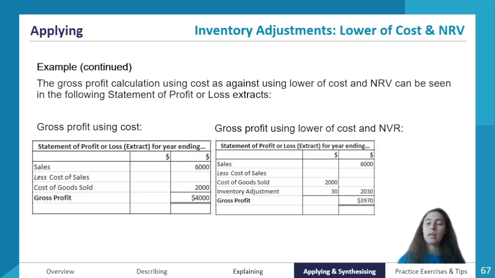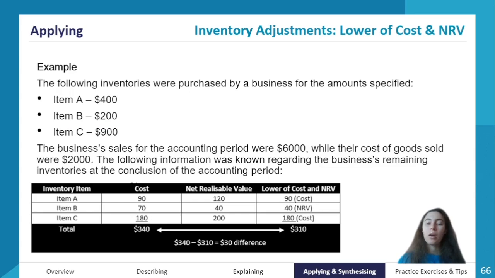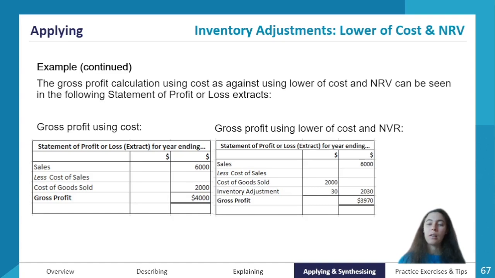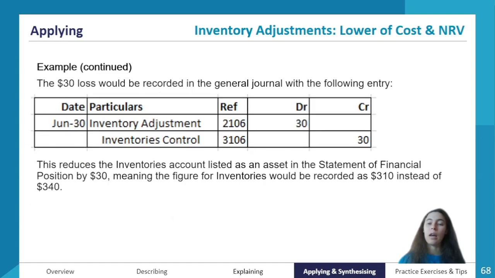So the 310 is what we got from the lower of cost and NRV. We calculated it as 310. That is what is included as our asset amount for inventories in the financial position statement.